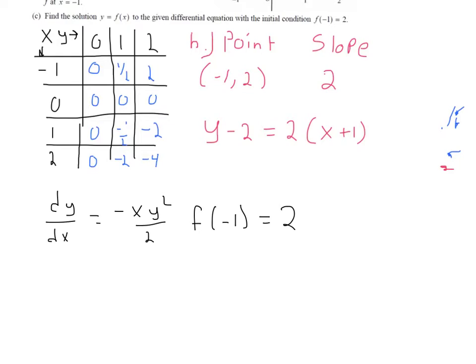The first thing that we want to do is we want to separate our variables. So if we want to get this y squared on the other side, we're going to divide both sides by y squared, so I have 1 over y squared dy is equal to -x over 2, and to bring this dx over here to the right, we're going to multiply both sides by dx.